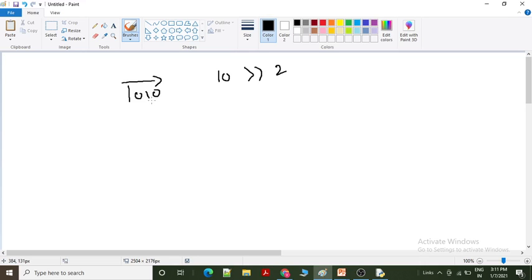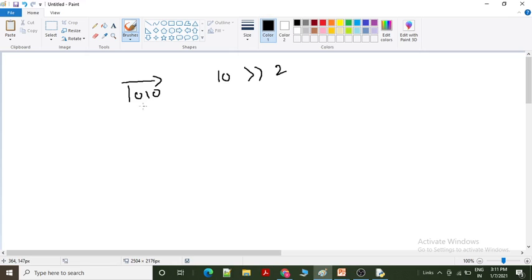If we use 10 right shift 2, the bits must be moved 2 times, and the new bit introduced will always be 0.